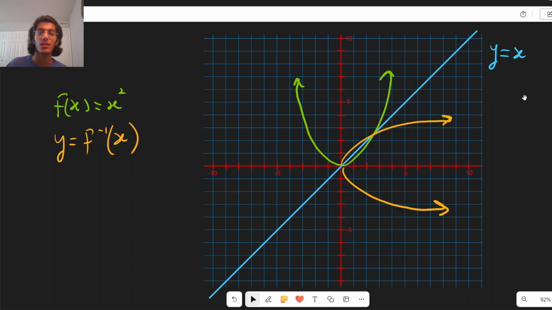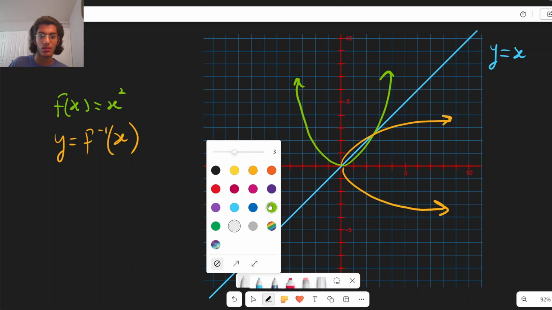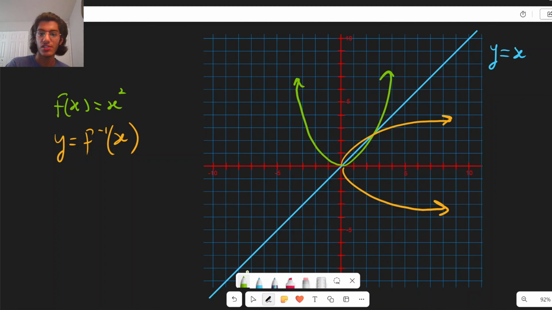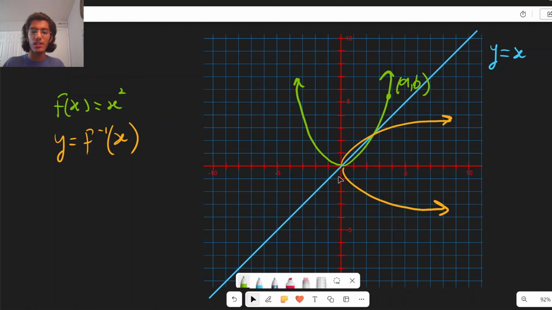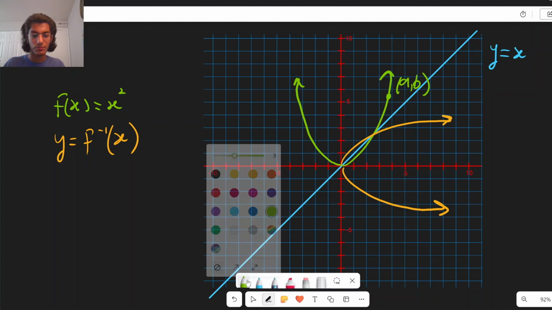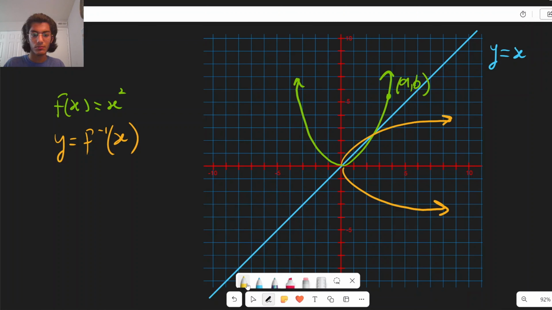What that means is that if there's a point on the original, let's say there's a point called (a, b), then when we reflect it over, the point that will correspond on the inverse will become, I'm just eyeballing it here, (b, a).